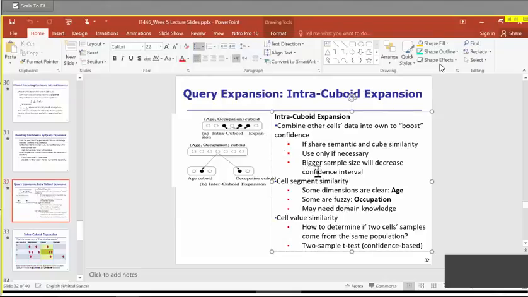So maybe they will have more deviation if the sample size is big. Cell segment similarity is another method. We can have some dimensions which are clear, for example age, and some dimensions which are fuzzy. Fuzzy means that they are not clear, they are not precise. For example, occupation. So we need some knowledge of the domain in order to understand these things.